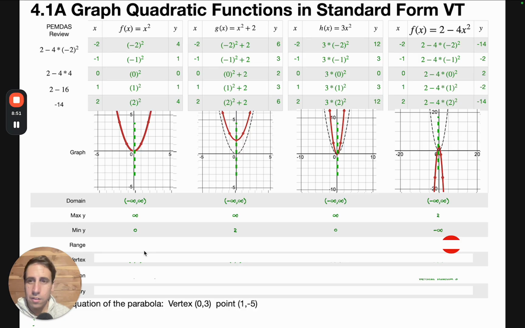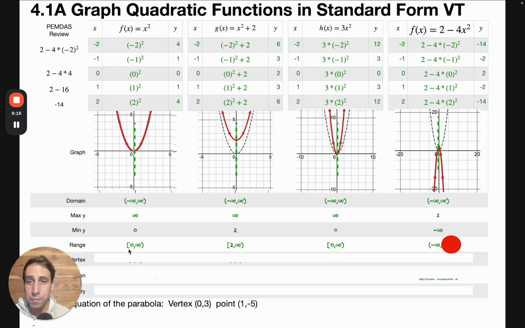Okay. What's the range? So the range, therefore, is very much like the domain. It's going to be the collection of all the y values, and you write them from the lowest, the minimum y value, up to the maximum y value. So here, we're going to take the last two answers and combine them. The range is from 0 to infinity. And notice interval notation requires that we talk about this with square brackets.